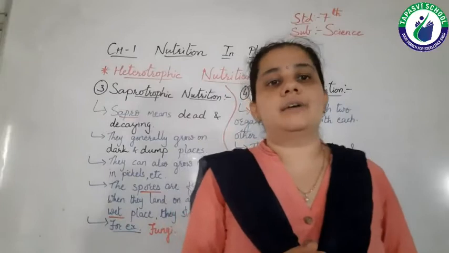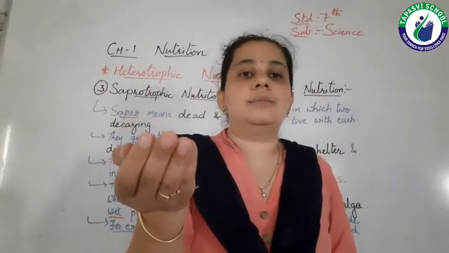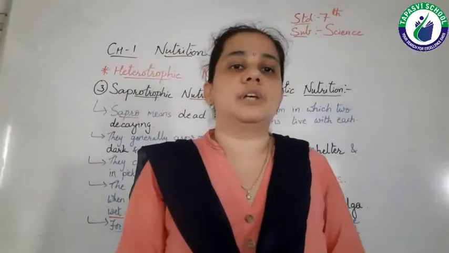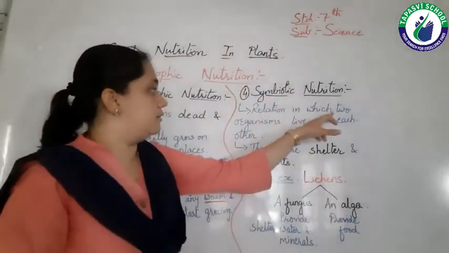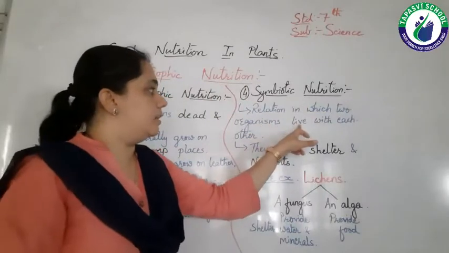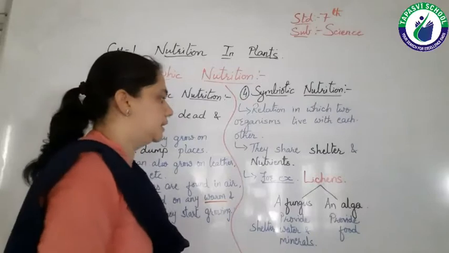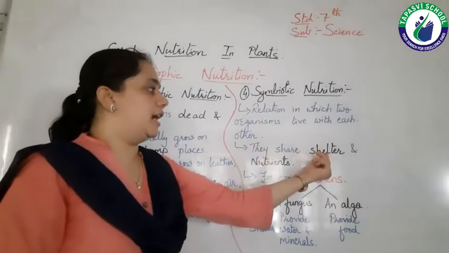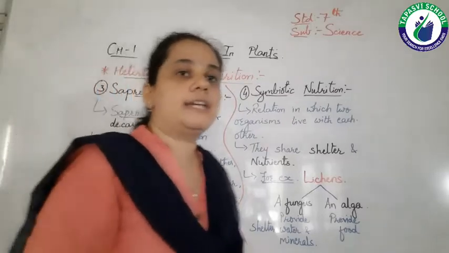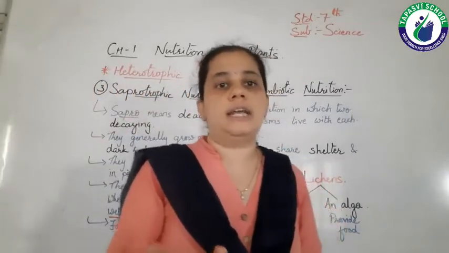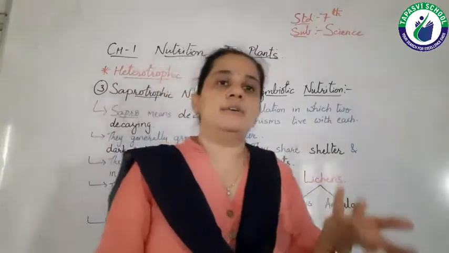One organism is giving something to the other, and the other organism in return gives something to the first organism. So this is the relation in which two organisms live together. They share shelter and nutrients, right? Some organisms give shelter to the other while the other gives nutrients to the first one.